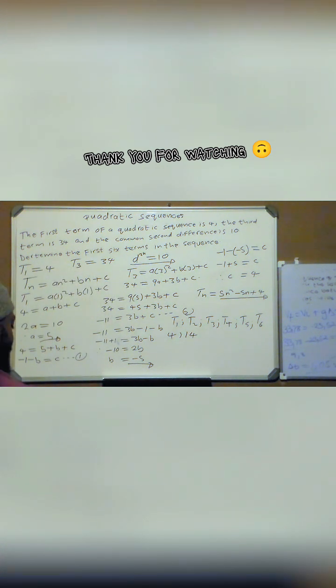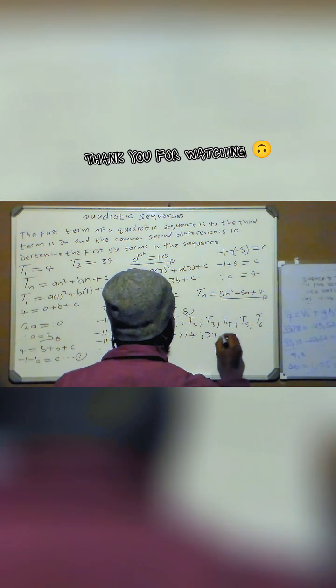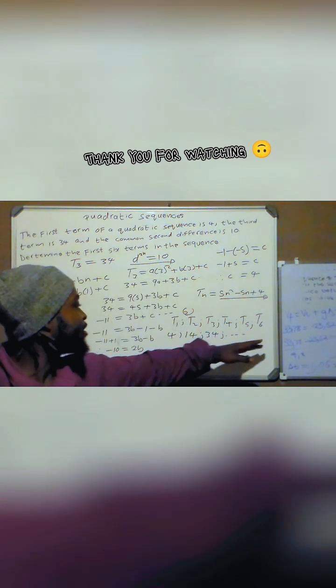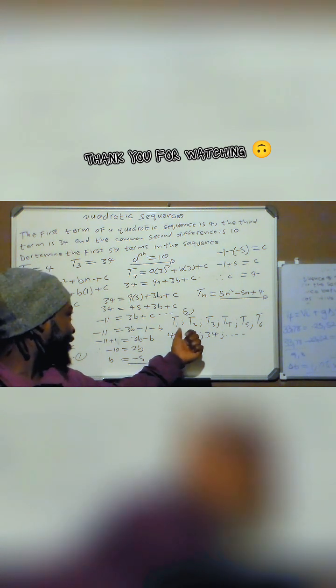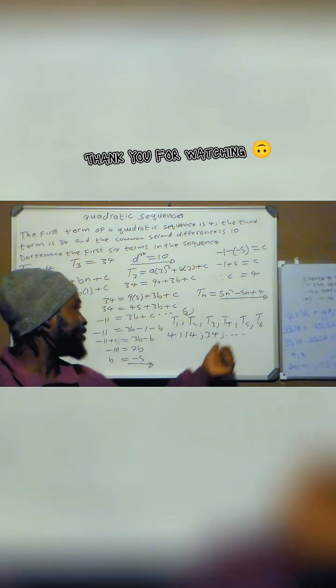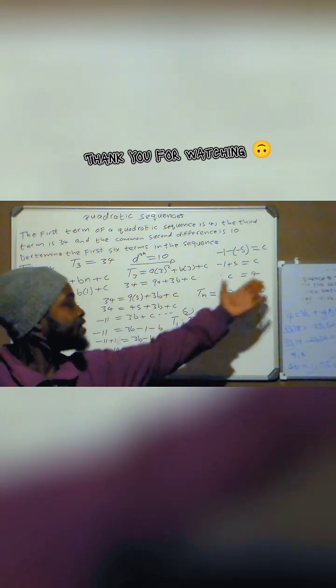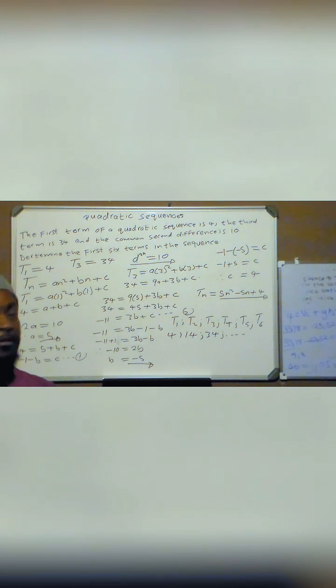Third term, 34. So you will continue up until you get 6 terms. For term number 1, where there is n in the general equation, put in 1. Term number 2, put in 2, and so on until you get to the 6th term that they are looking for.